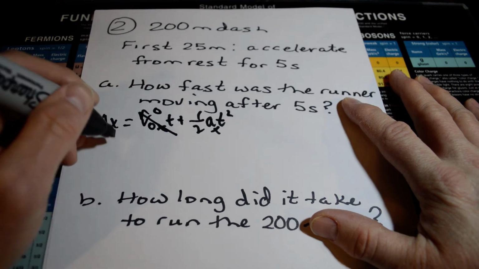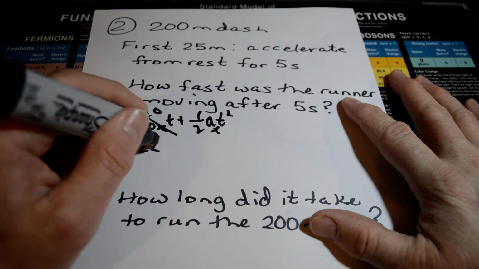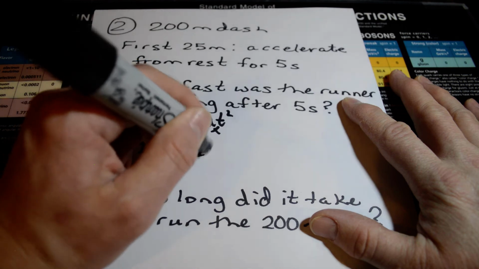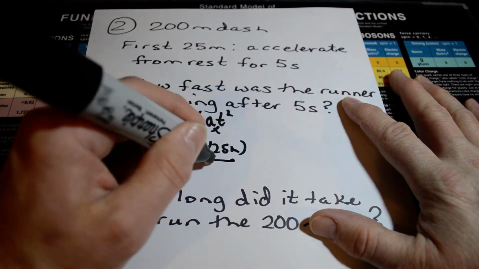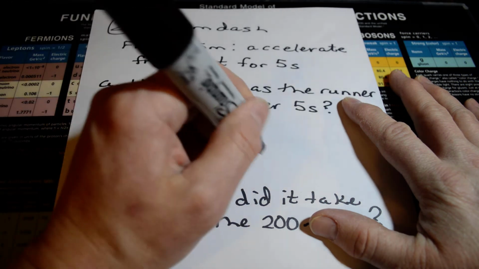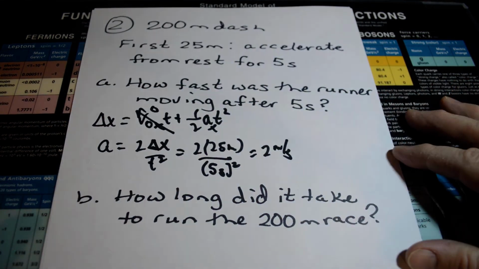So if I want to find the acceleration, I'm just going to do twice the distance over t squared. And so in that first part, it goes 25 meters, and you're going to square 5 seconds on the bottom. So 25 over 25 times 2 is 2 meters per second squared.